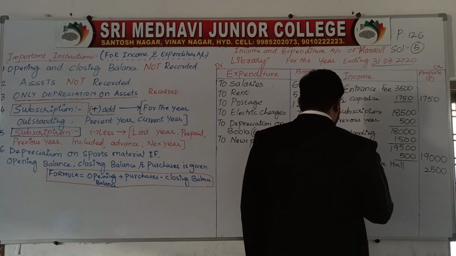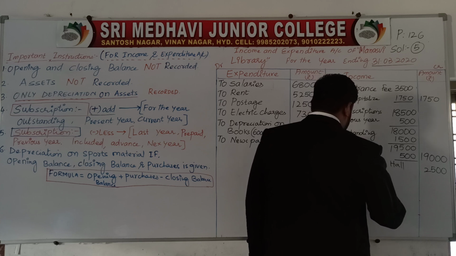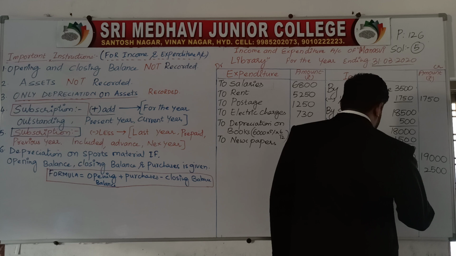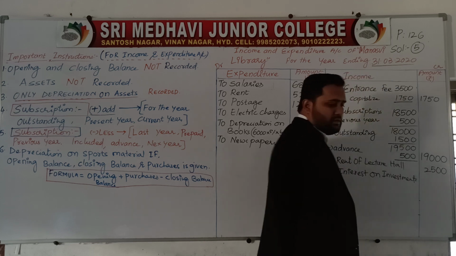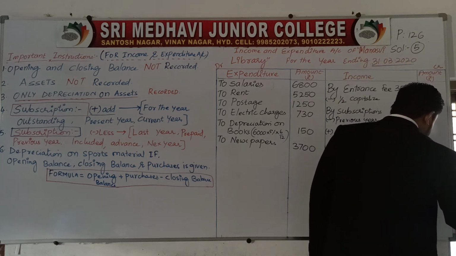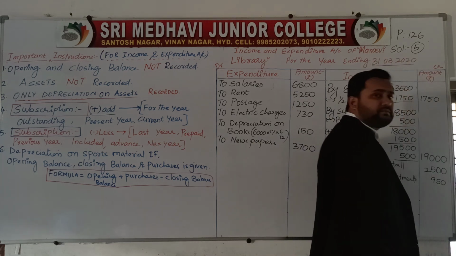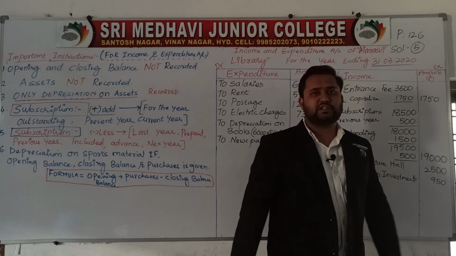By interest, it's an income for you. By interest on investments, how much? 950 is given. So now all the transactions are over.